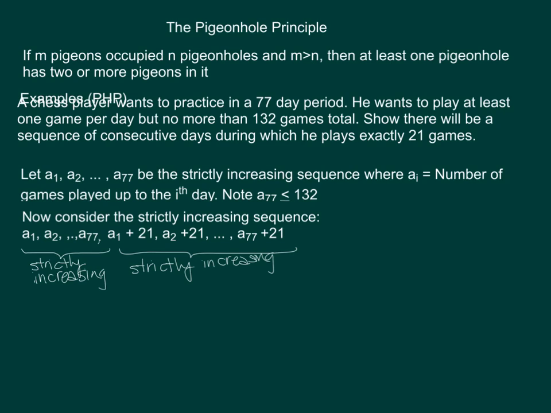So now we're going to look at this strictly increasing sequence, which is our original A sub 1 up to A77, along with A sub 1 plus 21, A sub 2 plus 21, all the way up to A77 plus 21. So this is a strictly increasing sequence, but within it we also have this strictly increasing sequence and this strictly increasing sequence.